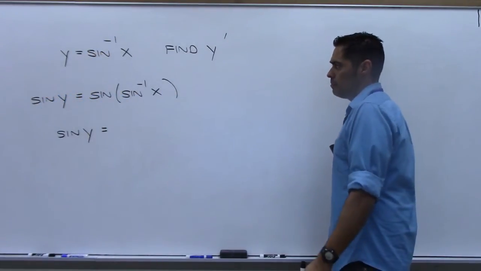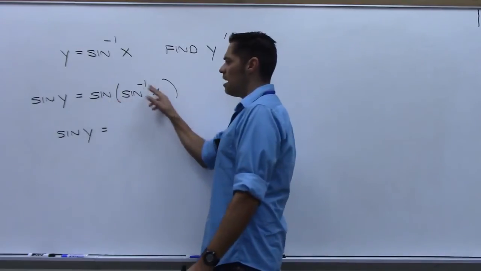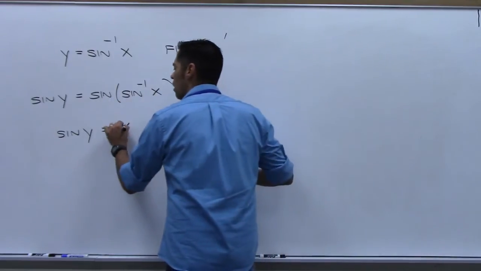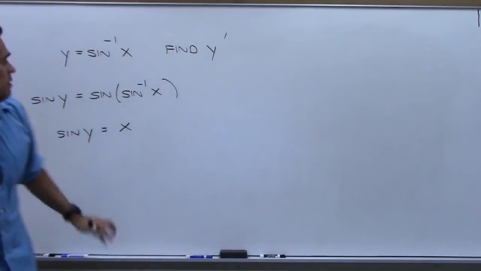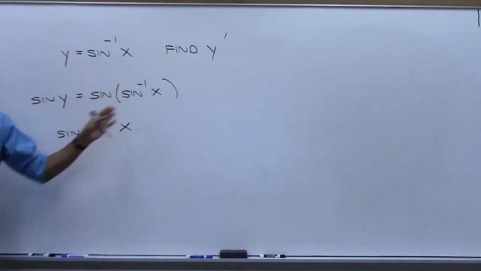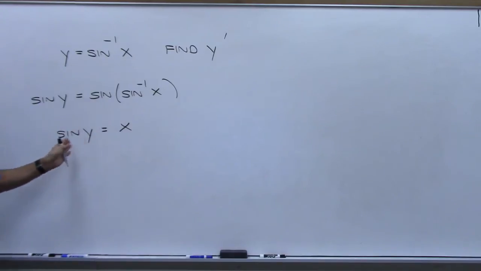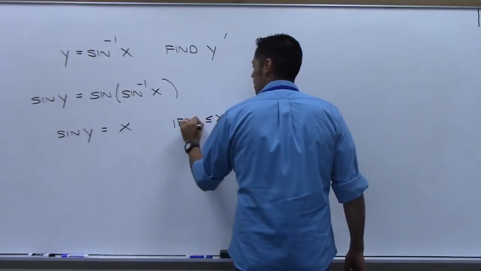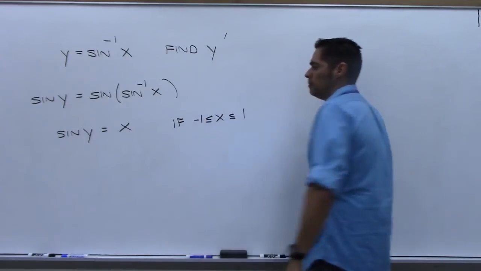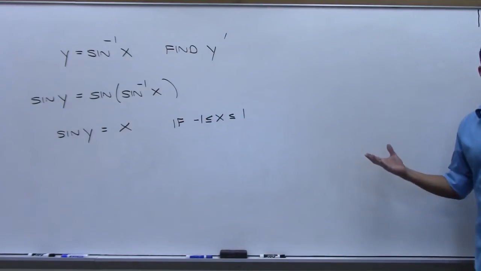Sine of arcsine of x, which should be x, as long as what? Well, go back up. What was the restriction we had for this one? As long as x was between -1 and 1, right? So this is true if x is between -1 and 1. So we're all still good with that?